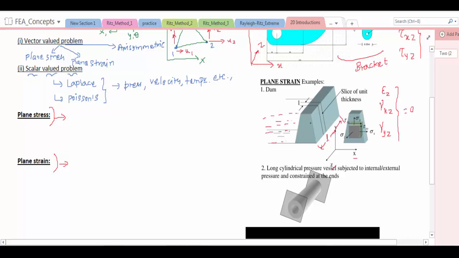The area of the cross section of the dam is constant throughout the length. Even though the length is very big, the cross-sectional area will be constant throughout the length.